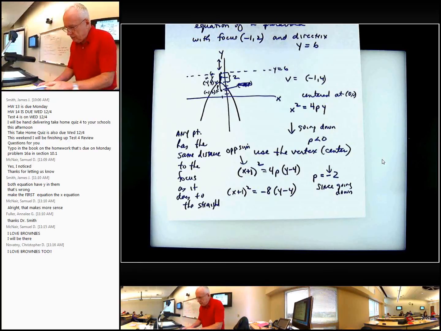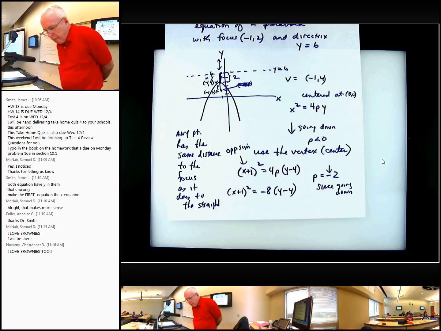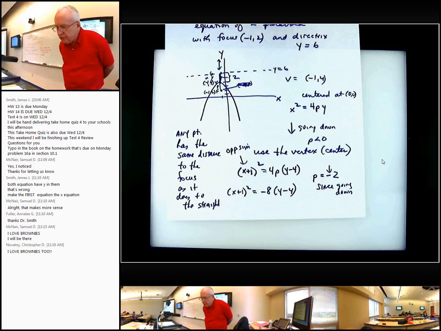Let's see here. Trying to think if there's a better way I can do this. How P was defined initially: P was actually defined using the directrix and the focus.